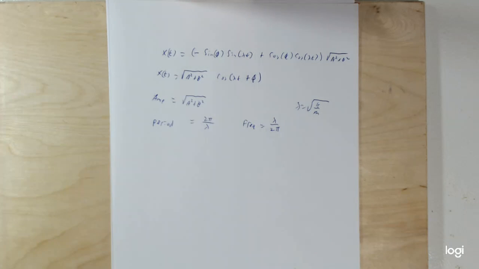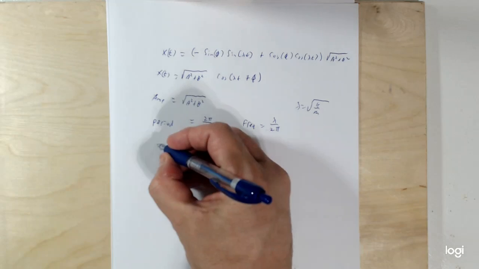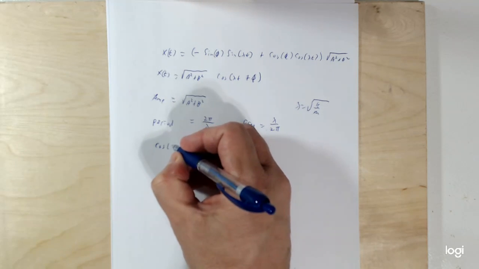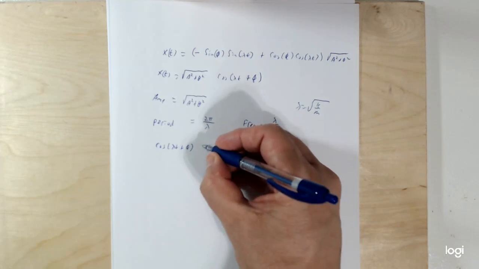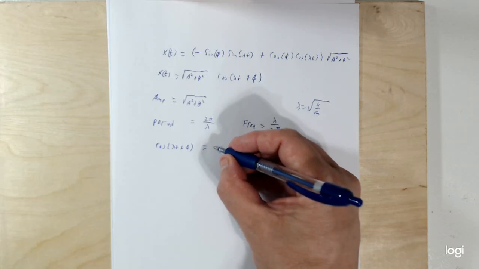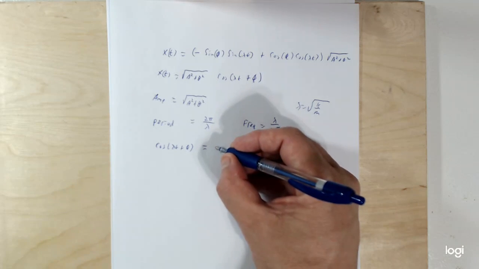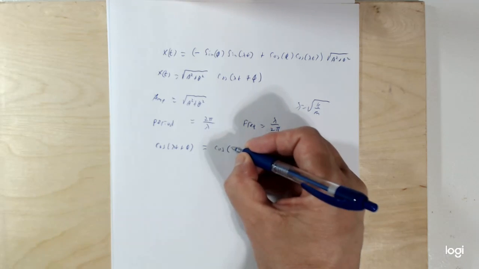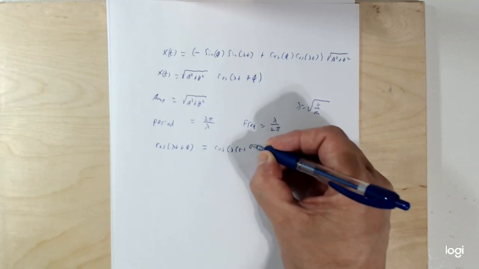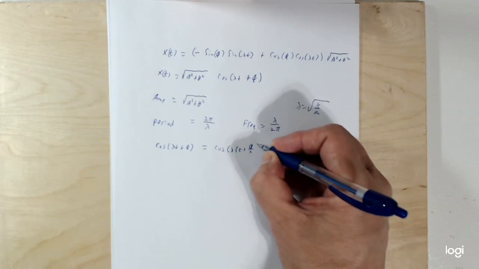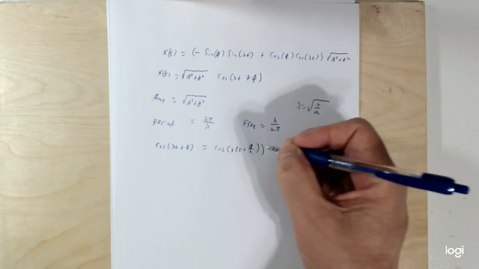Okay, so we have period, we have our frequency. This phi over here, well, if you take cosine of lambda t plus phi, you can write it as cosine of lambda times t plus phi over lambda. It's sort of a strange thing.